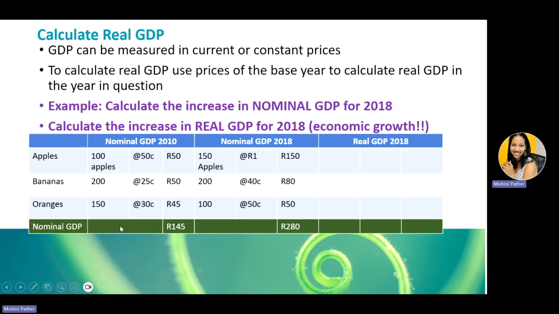Okay, so here we can see our nominal GDP. Sorry, let's look at what we actually gained. Now the difference between our nominal GDP from 2010 and our nominal GDP from 2018 is the difference between our production capacity and the increase in price. So what we do here to establish how has our production capacity actually increased?